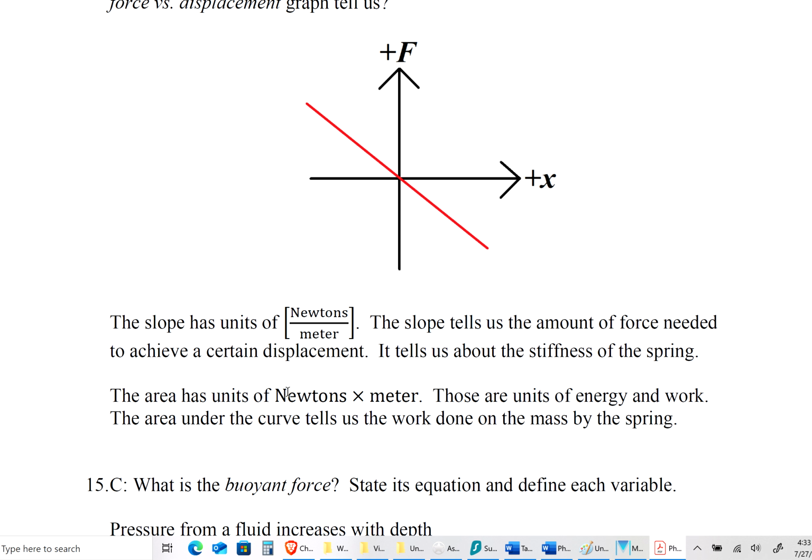The area has units of newtons times meter. These are units of energy and work. So the area under the curve tells us the work done on the mass by the spring.